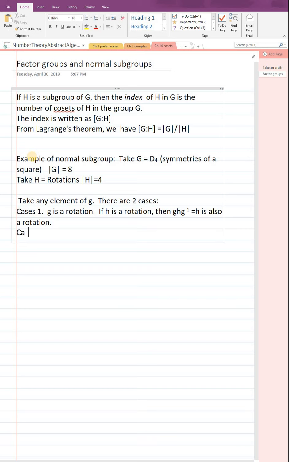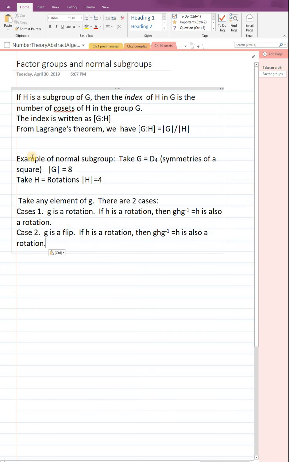Now case 2: G is a flip. So if H is a rotation and G is a flip, would GHG inverse still be a rotation?